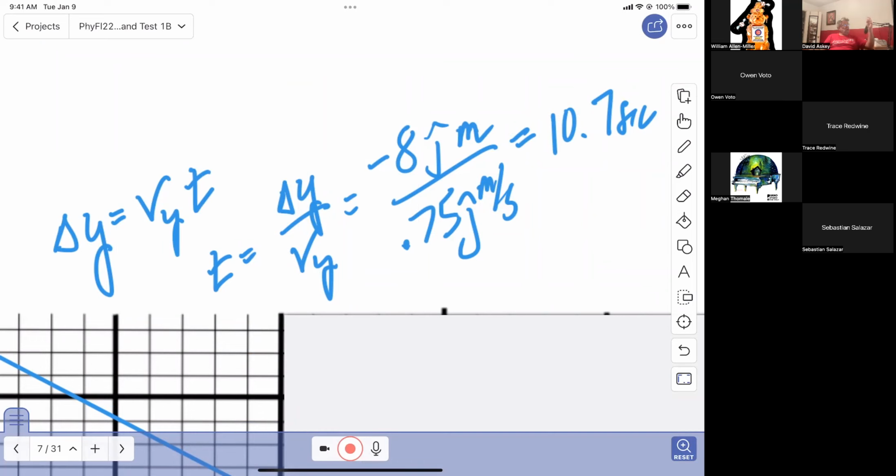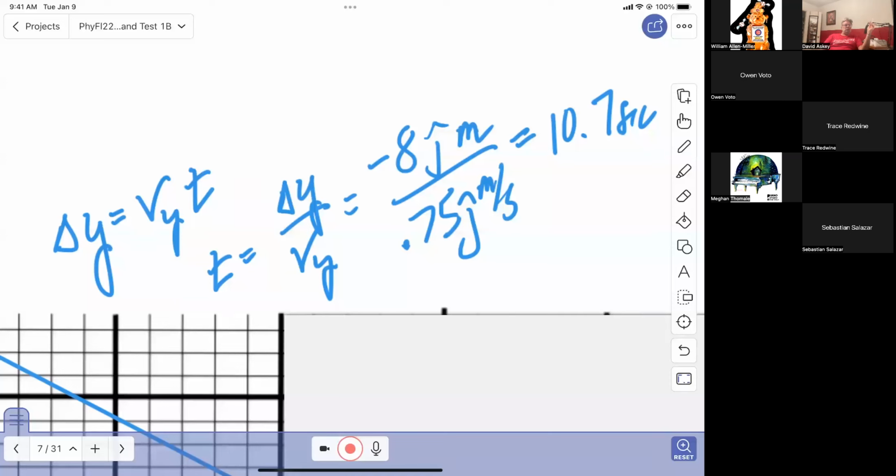Now notice the J roofs, do they always cancel? I don't want to say something that's false. It's a vector divided by a vector. In this case, the vector divided by a vector is a scalar. Time is always a scalar. Time doesn't have a direction.